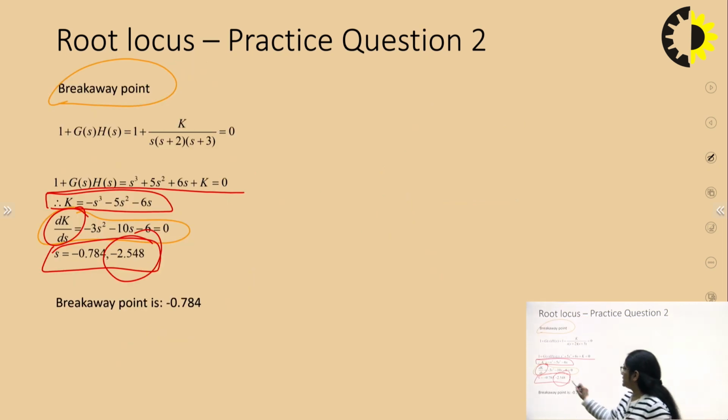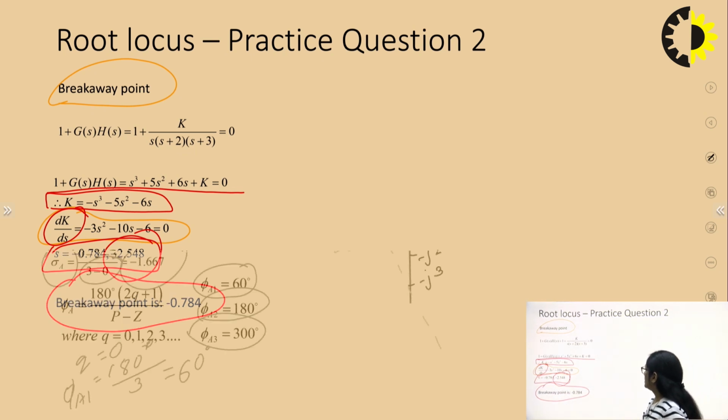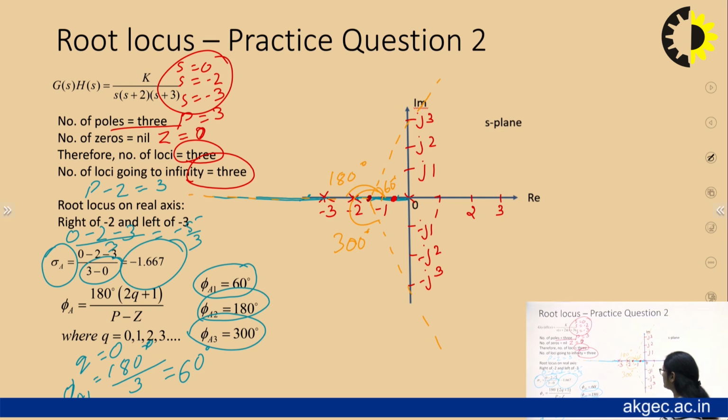Therefore, this value minus 2.5 will not be a breakaway point. The breakaway point will therefore be minus 0.784. So, minus 0.784 can be marked here between minus 1 and 0. That means the locus will start from here and go towards infinity.